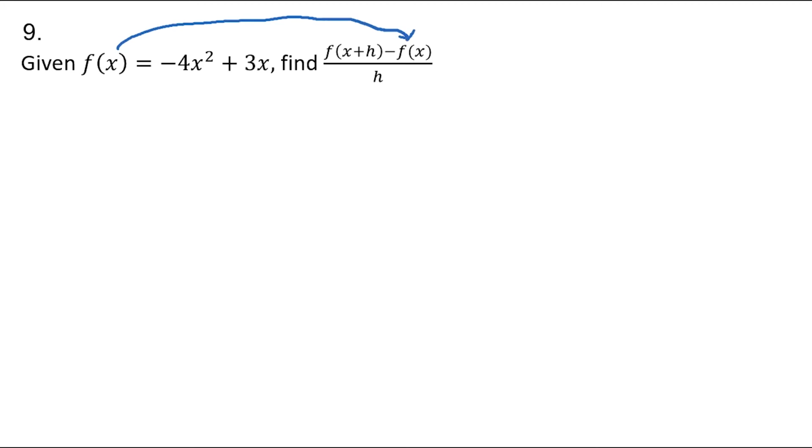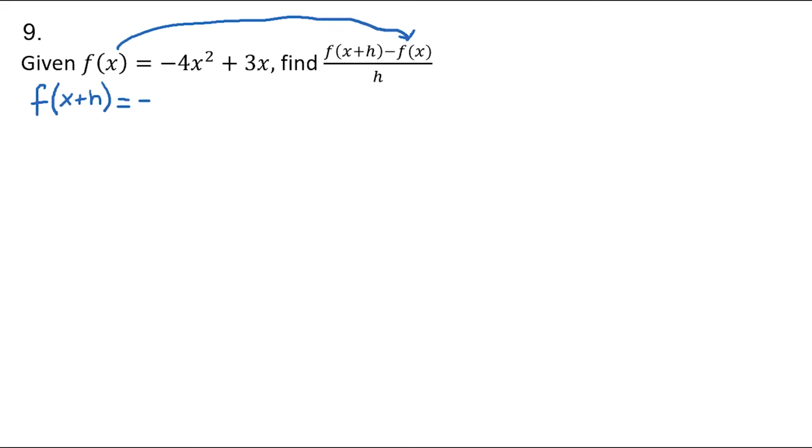But we need to figure out what f of x plus h is, so let's start looking at that. All we're doing is taking everywhere that there's an x in our f of x and plugging in an x plus h.